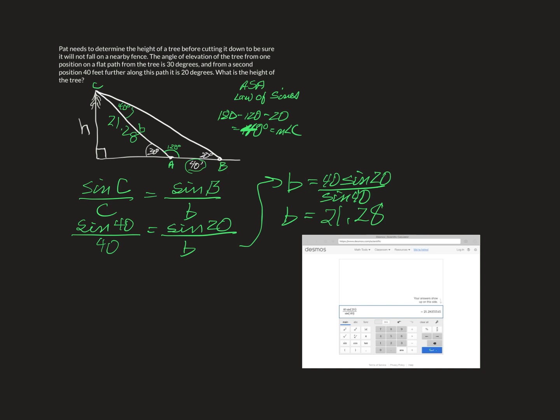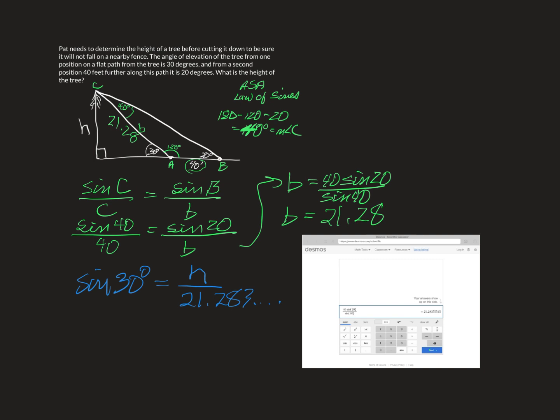So we can set that up as the sine of 30 degrees equals the opposite over the hypotenuse, 21.28. Now, that goes on and on and on as a decimal.